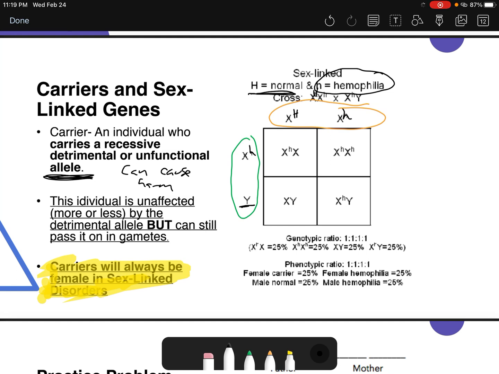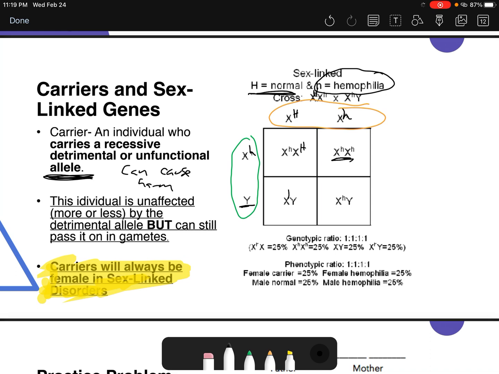We're crossing. We're going to get, for the first one, X big H, and then the other X is going to have a big H on it. Then we are going to have an X with two small h, so X little h, X little h.